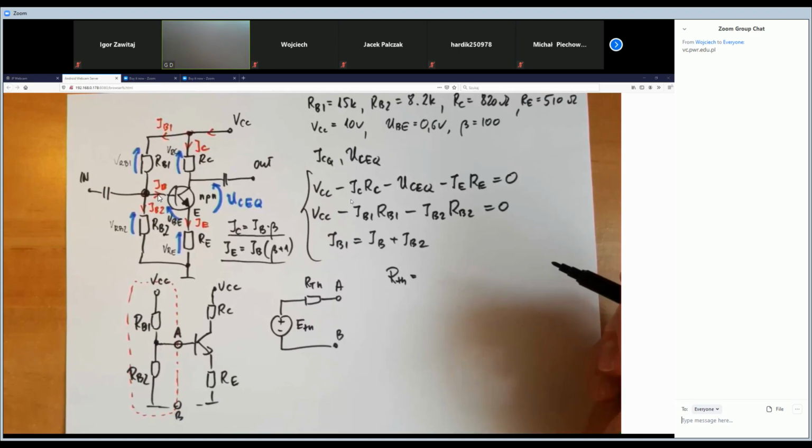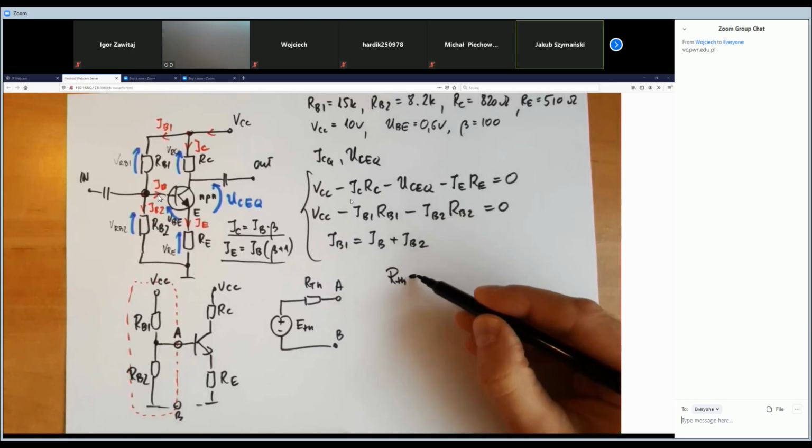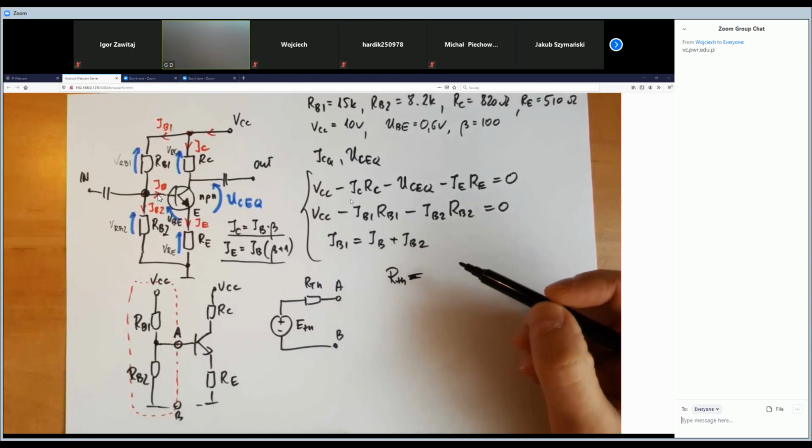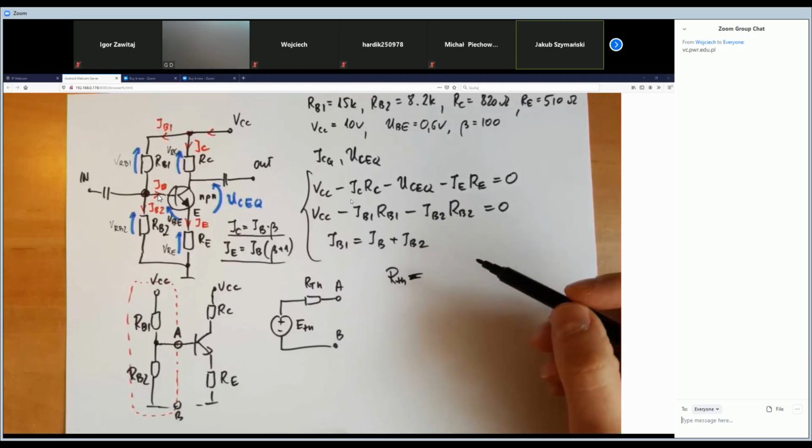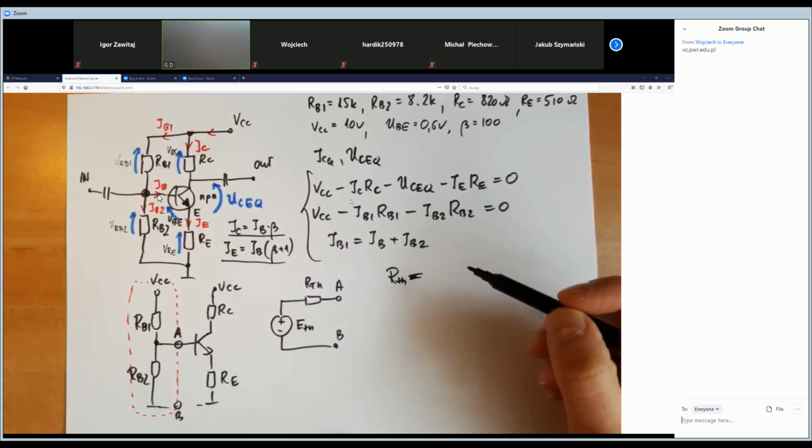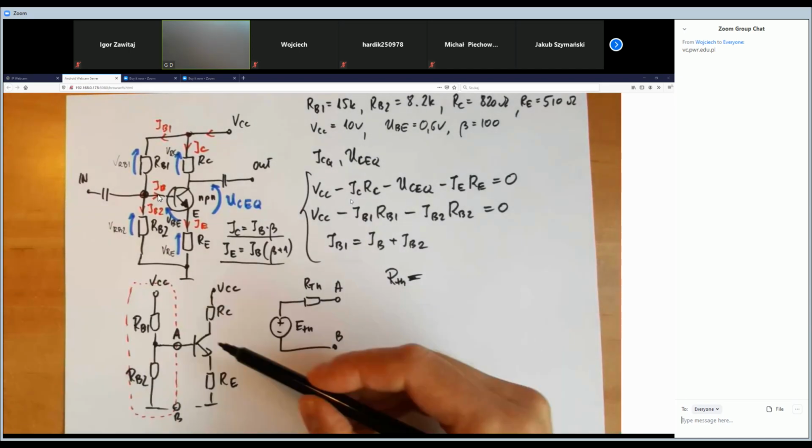How can we find the RTH? We should tie VCC to ground. VCC, yeah, to ground. Why? To remove the voltage. Of course, we have to replace the voltage source by a short circuit and the current source by an open circuit.